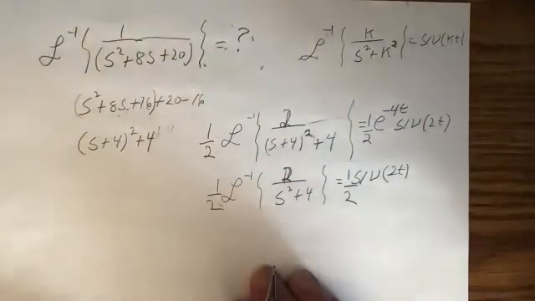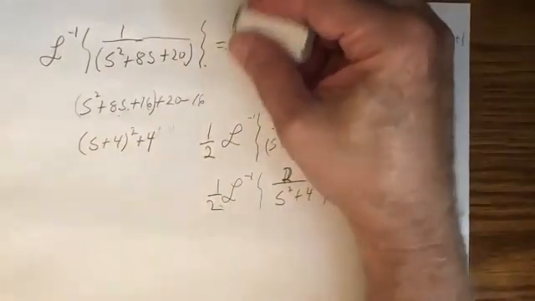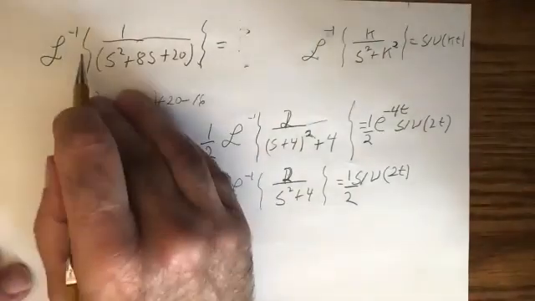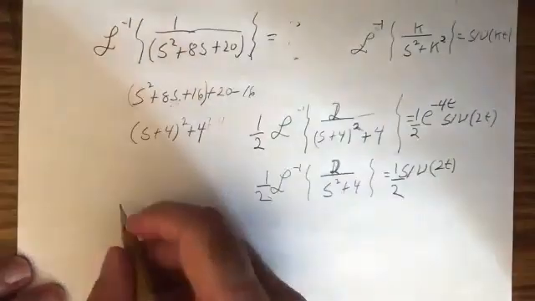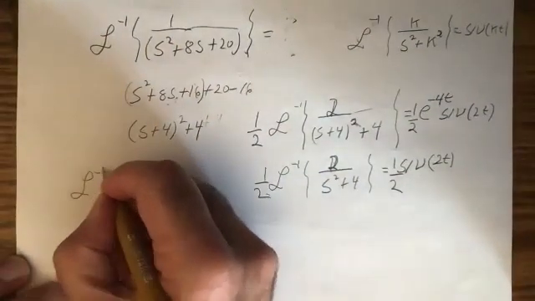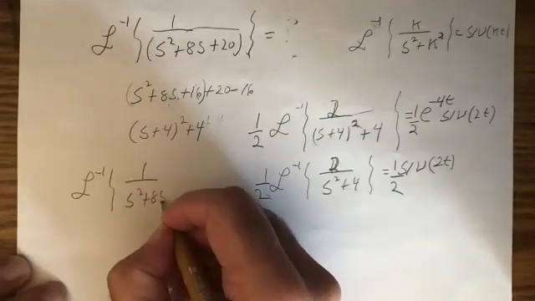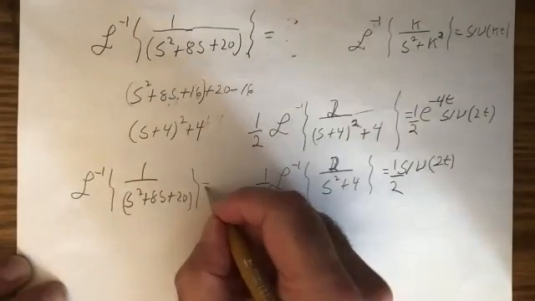So finally, the inverse Laplace transform of this thing here is equal to 1/2 e to the minus 4t times the sine of 2t.